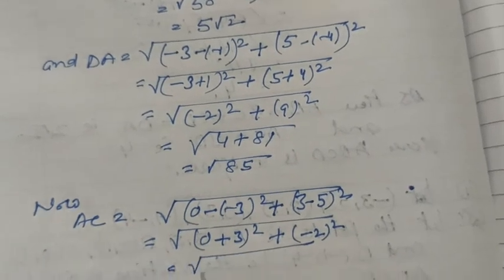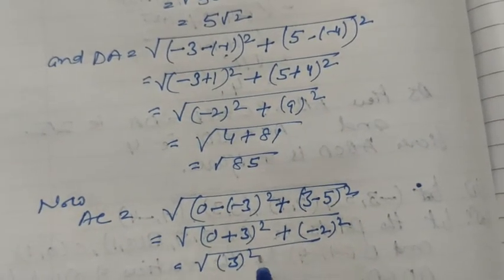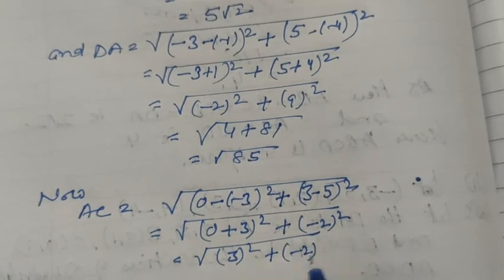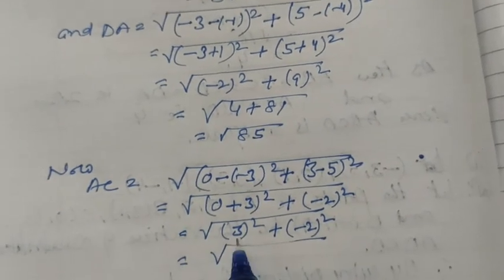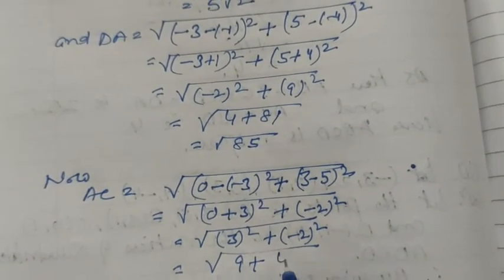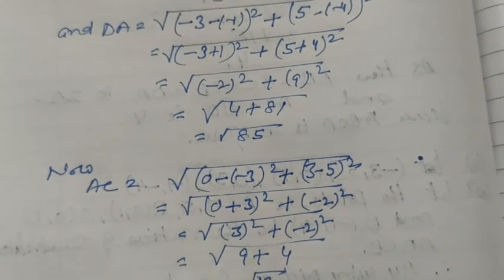So this will be 3 square plus minus 2 square. 3 square becomes 9 plus 4, and this will be under root 13.